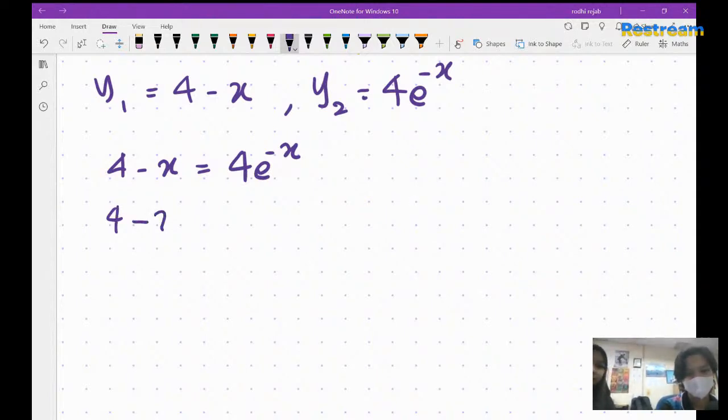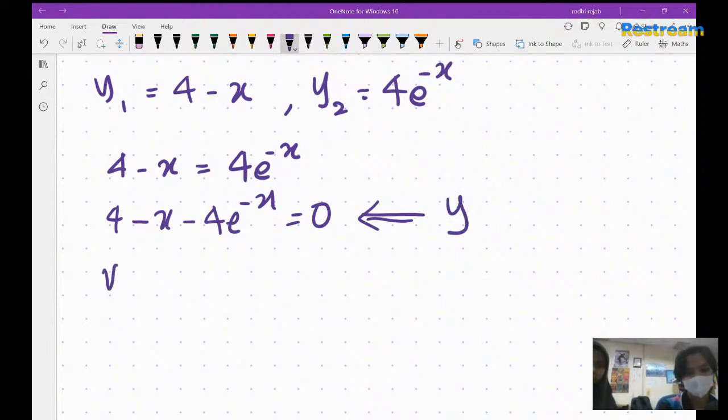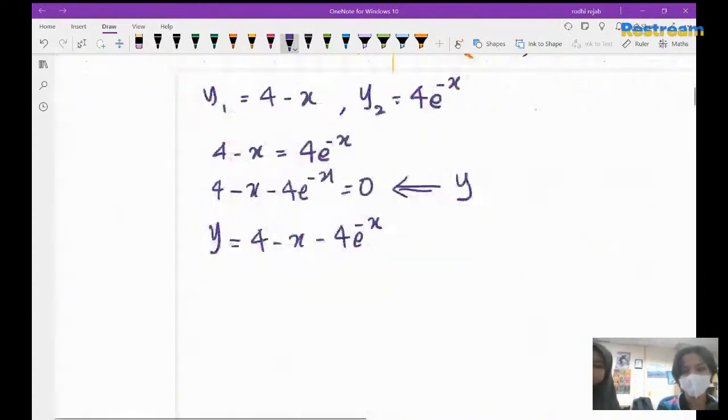Oh, sorry. Minus 4e^(-x) equals 0. This is the new y equation we have: 4 minus x minus 4e^(-x).